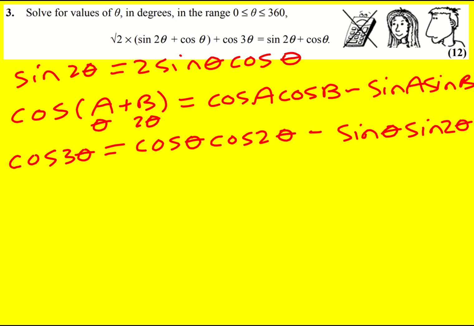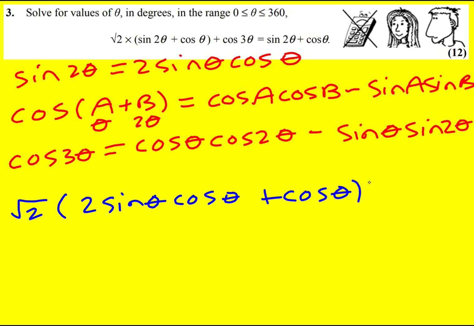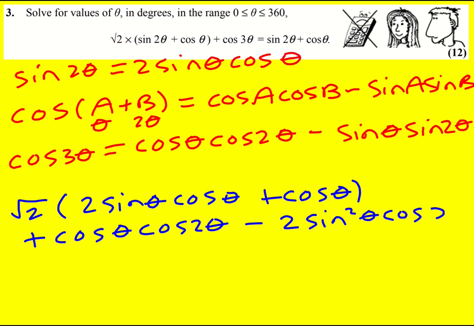So back to the equation, I've got root 2 sine theta cos theta plus cos theta plus cos theta cos 2 theta minus, now I'm going to replace this one, so it's going to become 2 sine squared theta cos theta when I replace sine 2 theta by this thing here.